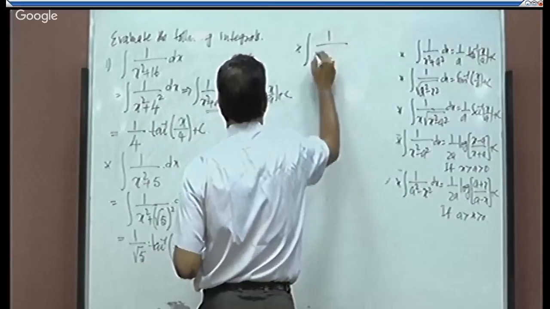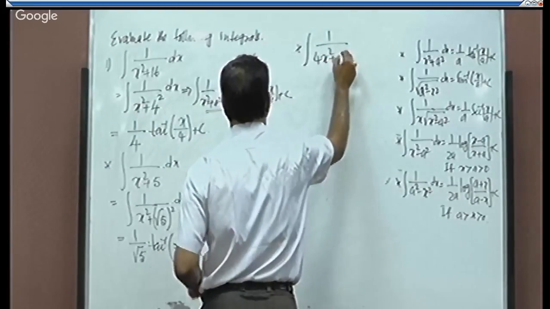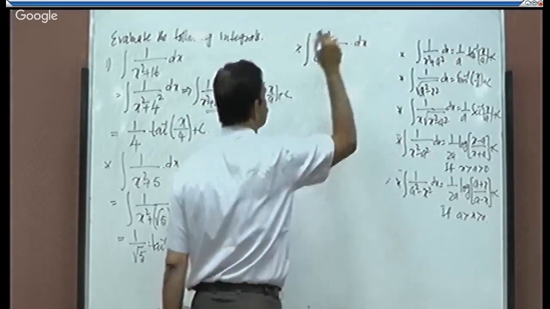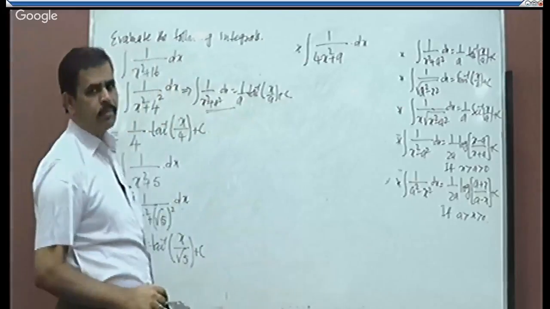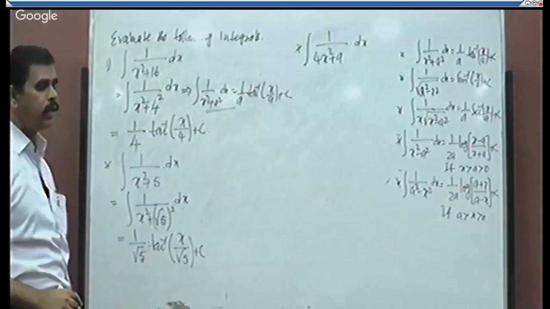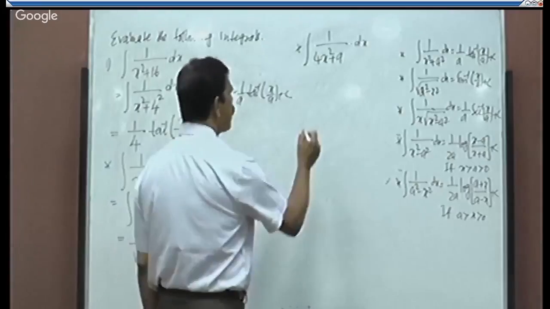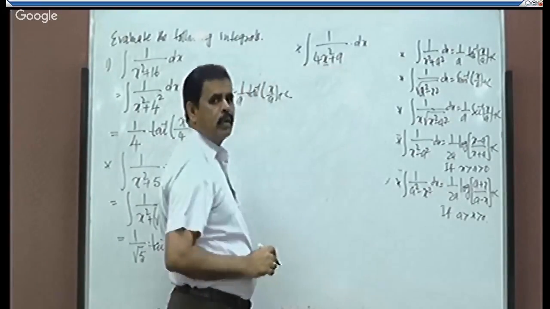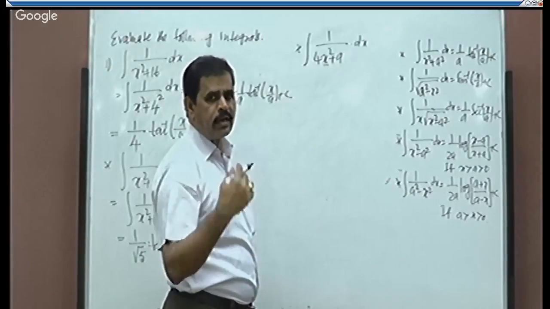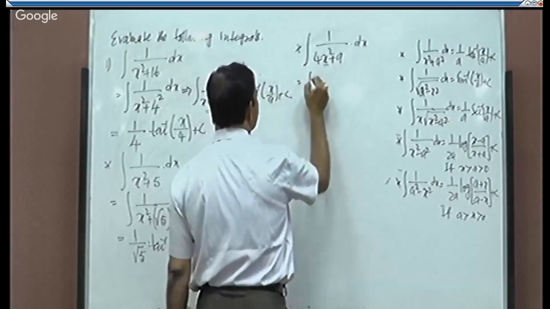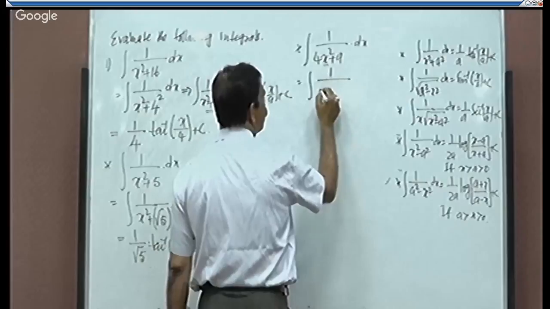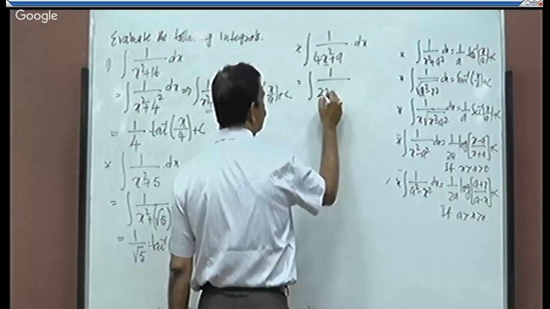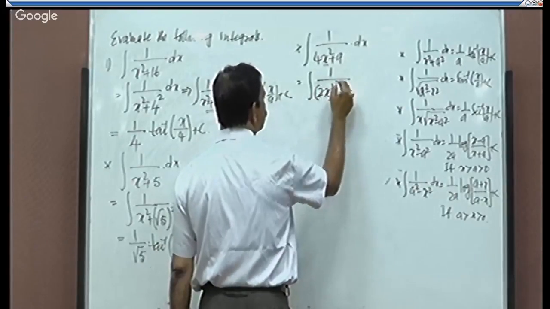Integration of 1 divided by 4x square plus 9 dx. So here I should have only x square, correct? What is extra? 4. Otherwise, you can take in terms of like this, 1 divided by 2x whole square, right?